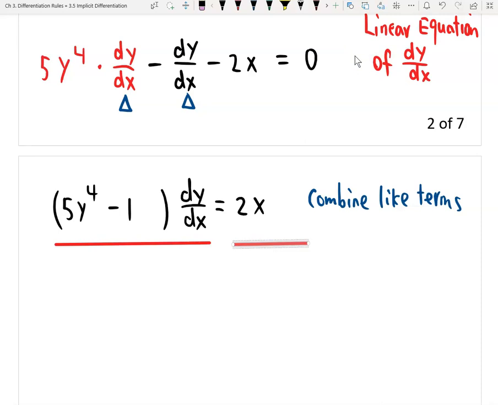So here the same 5y to the fourth power minus 1. And then we can cancel the coefficient, right? Then that's already the answer.